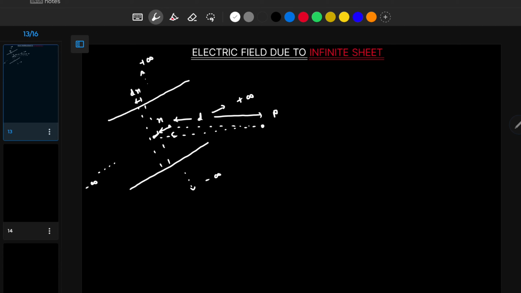Okay, so what would it be? It would be perpendicular to that wire and in this direction. And this would be 2kλ divided by the distance, so this is 90 degrees, under root d square plus x square.